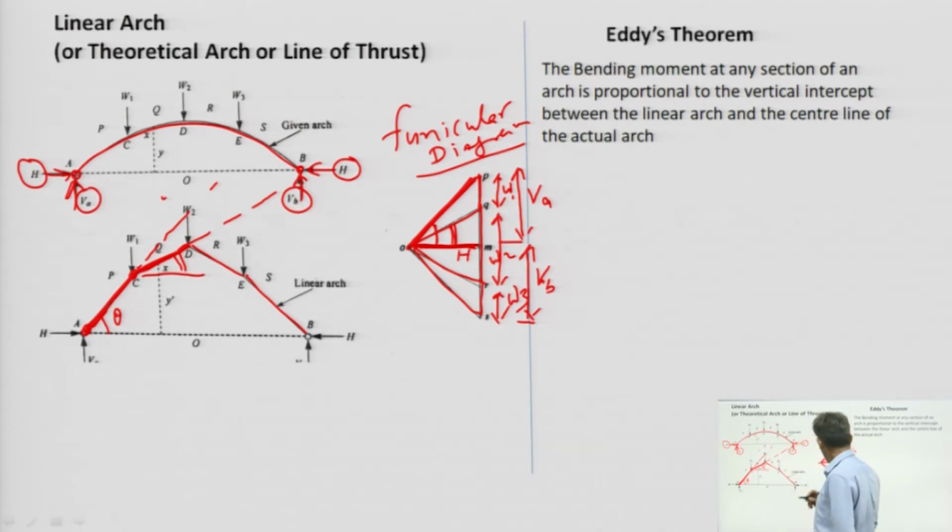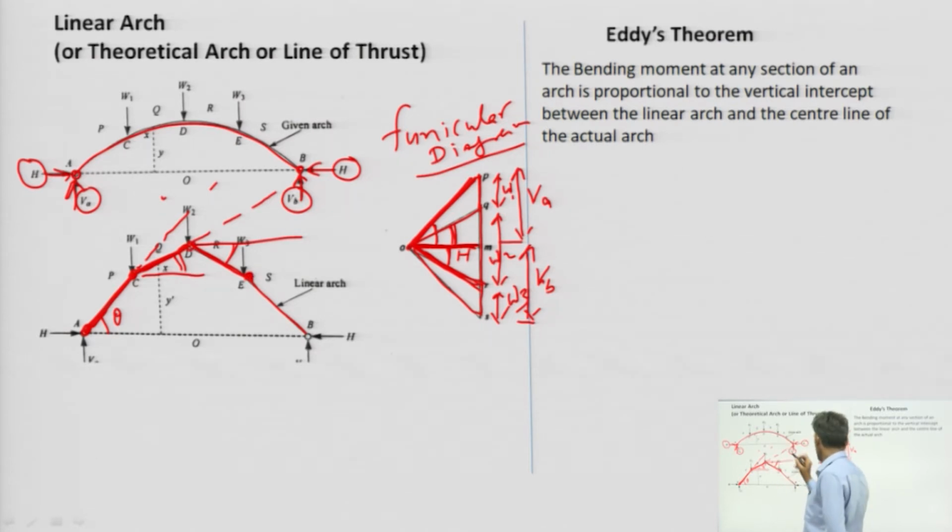Then member DE can be located with ray PR, and the slope is this one. With this slope, member DE can be located.